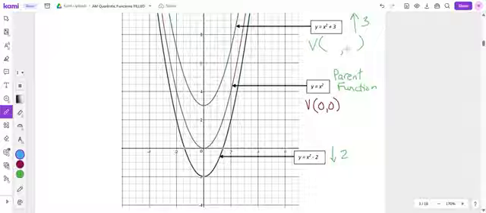Is it the x or the y that changes? Think about it. Is it the x or the y, everyone? Good. So the x stays at 0. We haven't moved left or right. And we've gone up 3. And the lower one, the x hasn't changed, and we've gone down 2.